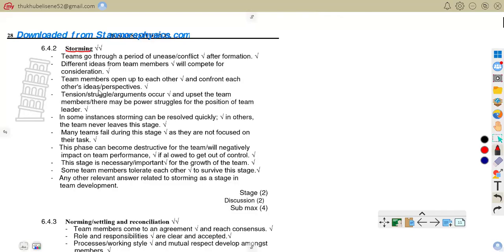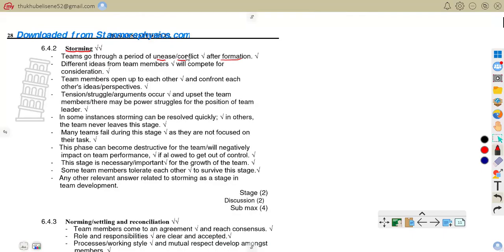So here, teams go through a period of uneasy conflict after formation. Teams now go through uneasiness or conflict after formation because now they are starting to work. They are now trying to put the plan into implementation. So they are trying to share ideas.